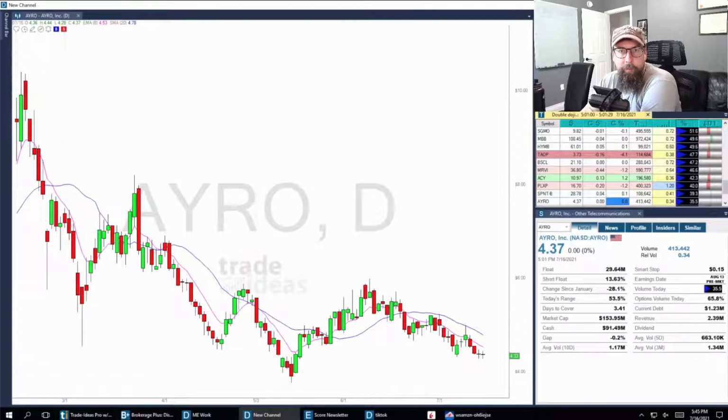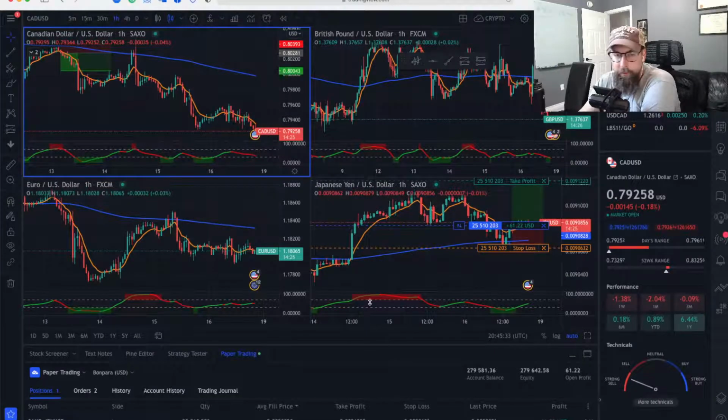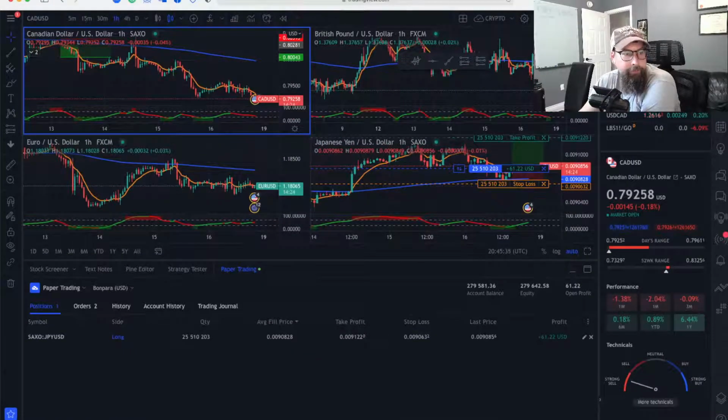I'm starting to work on some algorithms. I wonder how my yen dollar position's going. I've just started playing. I'm flat. I'm using TradingView here for my paper trading.